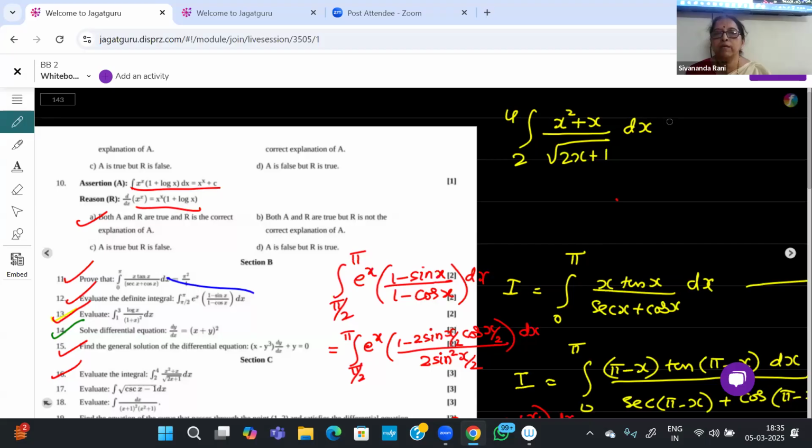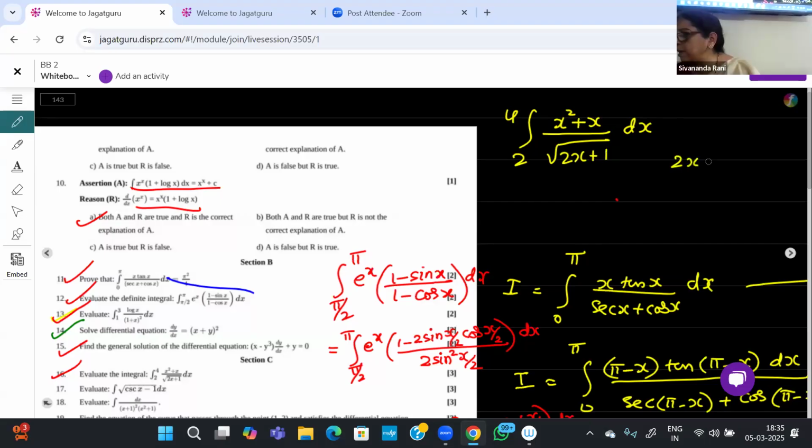It's not partial fraction. It's not parts. It ought to be substitution. But what is substitute? Root of 2x plus 1.